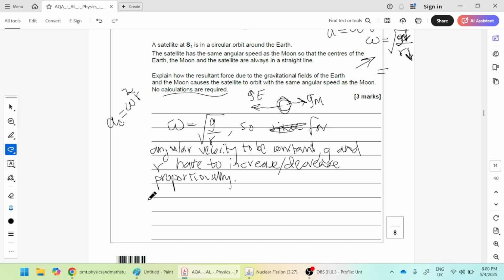We'll say, however, S2 has a smaller radius.